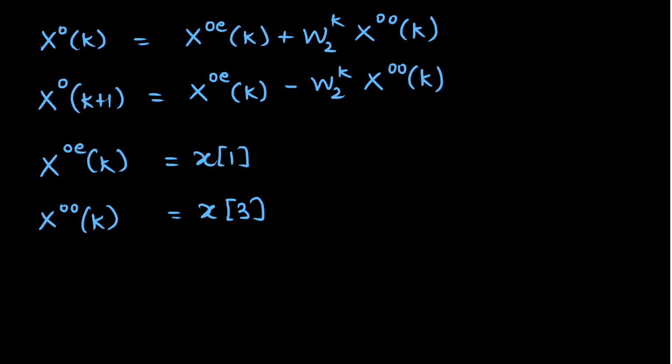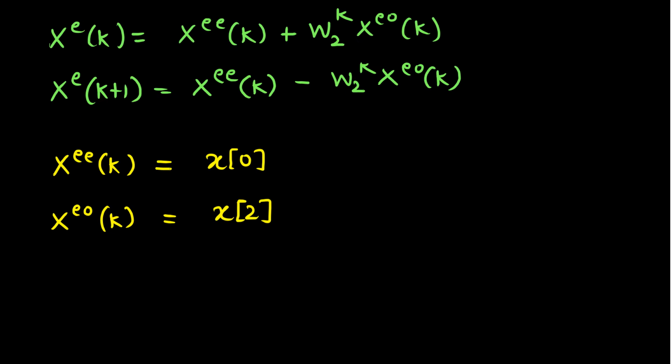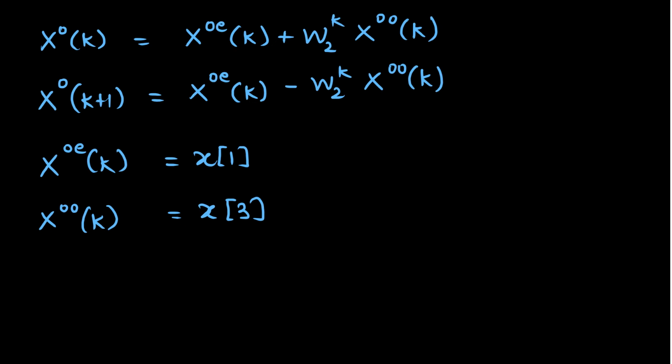So now if we observe carefully these values and these values here, these are 1 point DFTs, and a 1 point DFT is simply the initial signal itself.